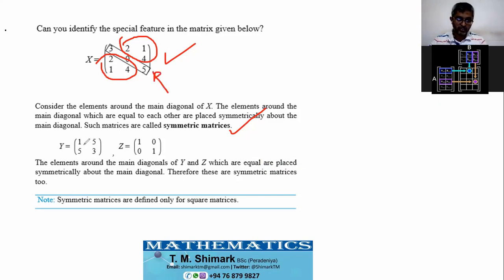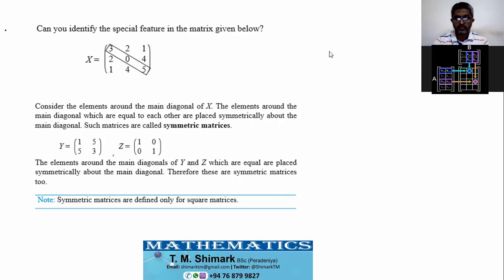Here also you see this diagonal, and these two places have the same values. That means this is a symmetric matrix. What about this one? What's special about Z? It is both symmetric and an identity matrix. These questions didn't come in part 1 still, but we never know. Sometimes they can come and ask a question like this, so we should know, right?